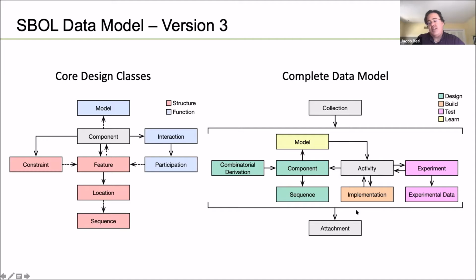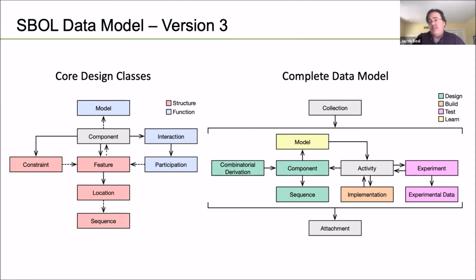And then once we've done something in the lab and gotten some data, experimental data essentially lets us give pointers to blobs of data that we want to associate back, collect those together in experiment objects, and then we stitch these all together with provenance elements like activities, and have some meta level classes like collections for just making bags of stuff.